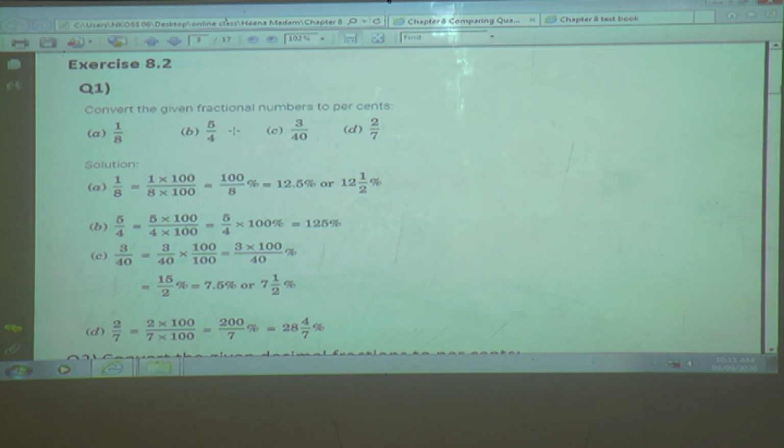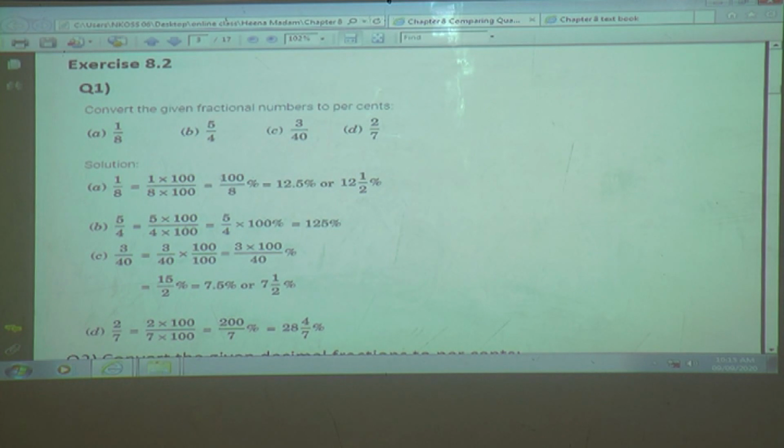This we learned in the previous class, in 6th standard: converting any fraction into percentage, we multiply it by 100. So here 1 upon 8 is the given fraction, we have to convert it into percent. So 1 upon 8 is equal to 1 upon 8 multiplied by 100 upon 100.